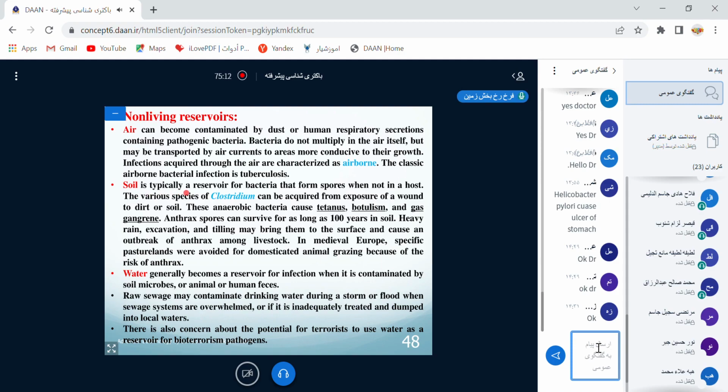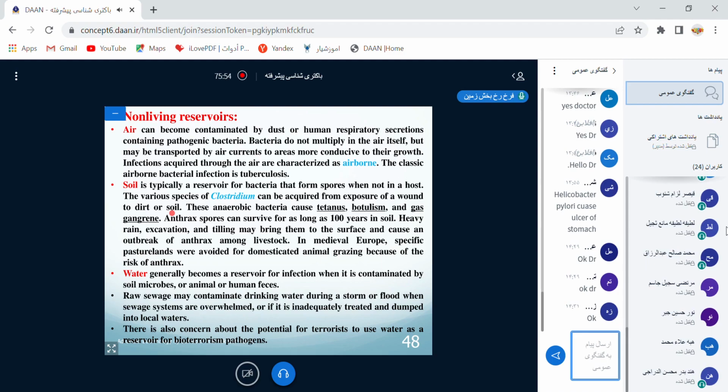Soil is typically a reservoir for bacteria that form spores when not in a host. The various species of Clostridium can be acquired from exposure of a wound to dirt or soil. When you are playing football, if you crash to the ground and there is bleeding in your hand or foot, immediately clean it, immediately disinfect it.